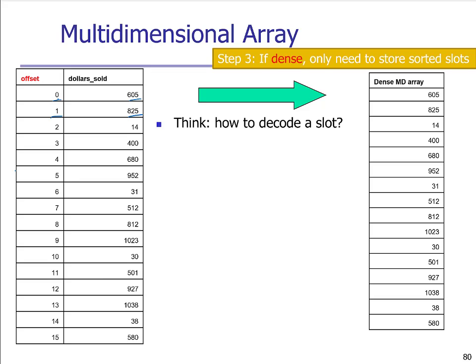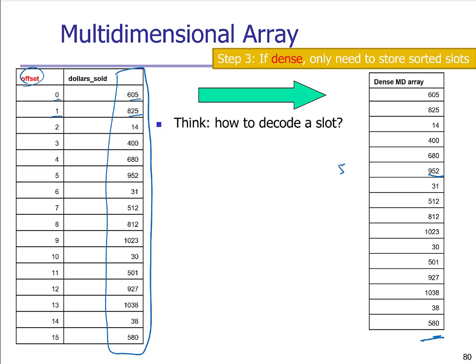All right. So if it is dense, we only need to store the slots sorted by the offset. Okay, which is just this column, as you can see here. Why? Because for any cell of this array, for example this 952, we can know that it is the sixth cell in this array, which means its offset should be 5.